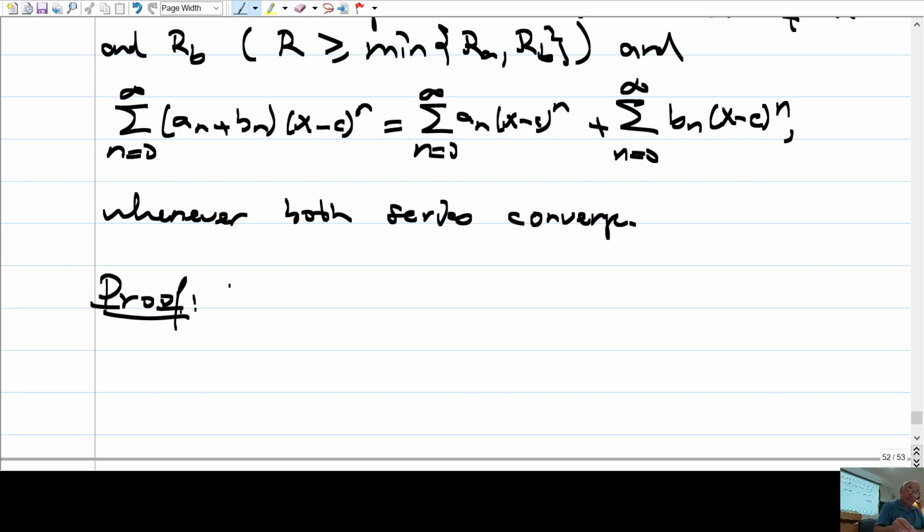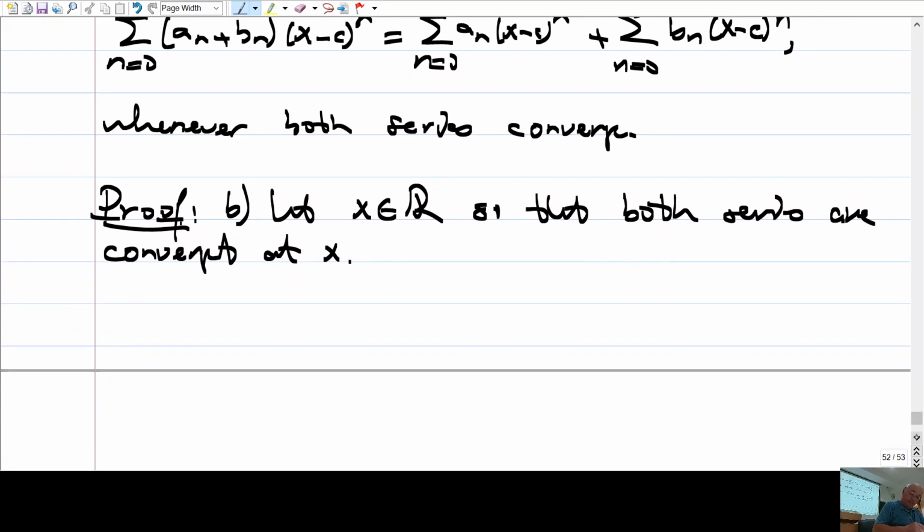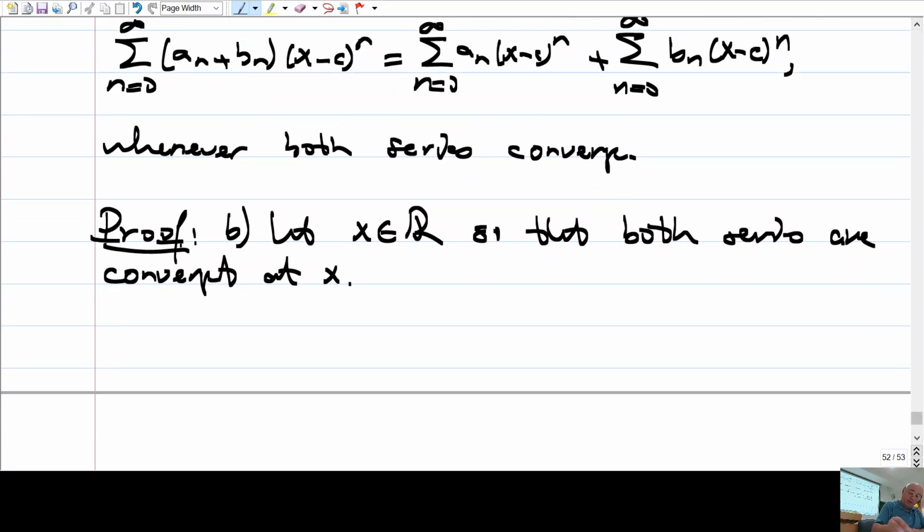So for the second one, let x be in this interval so that both series are convergent at x. Then, now this is convergent: the sum of a_n (x minus c)^n.